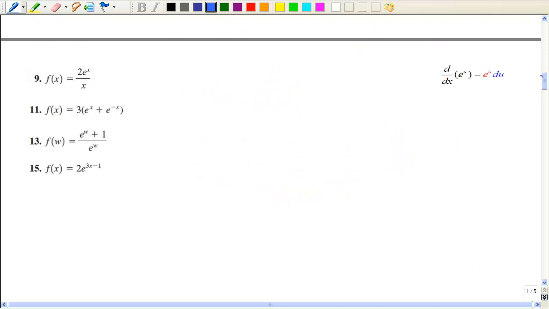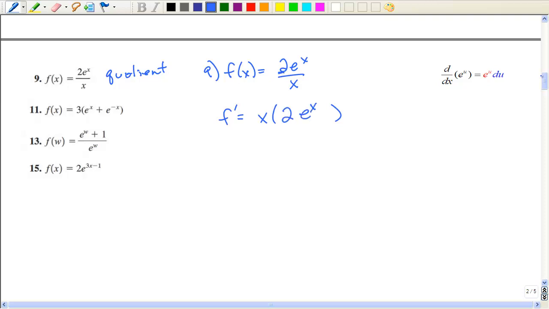Now it's going to start getting a little more complicated. Here we're going to have to use the quotient rule. The quotient rule says to take the bottom times the derivative of the top. We're just going to leave that constant there, and the derivative of e to the x is e to the x.